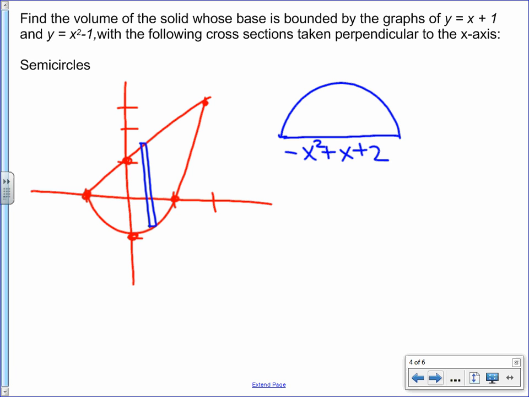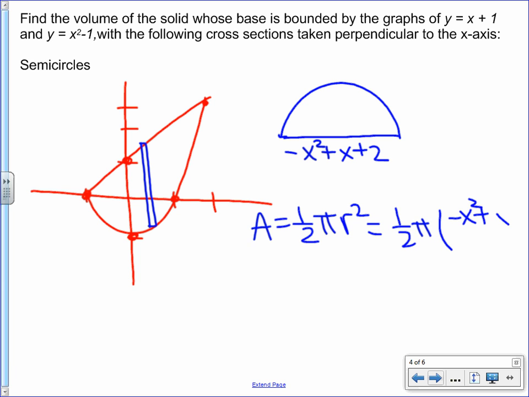Is that what it is? Wait, yeah. Okay. So our area needs to be 1/2 pi r squared, correct? Which would be 1/2 pi times negative x squared plus x plus 2 over 2, squared.